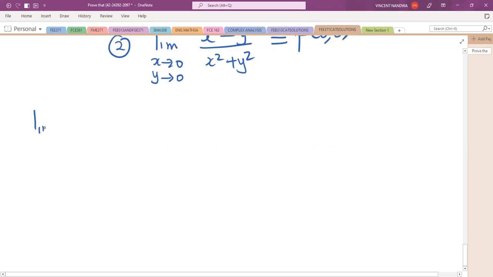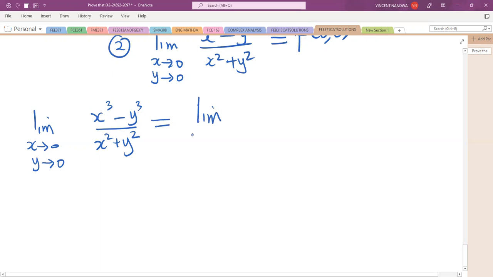So the limit as x approaches 0, y approaches 0 of the function x cubed minus y cubed over x squared plus y squared along the x-axis is the same as the limit as x approaches 0.